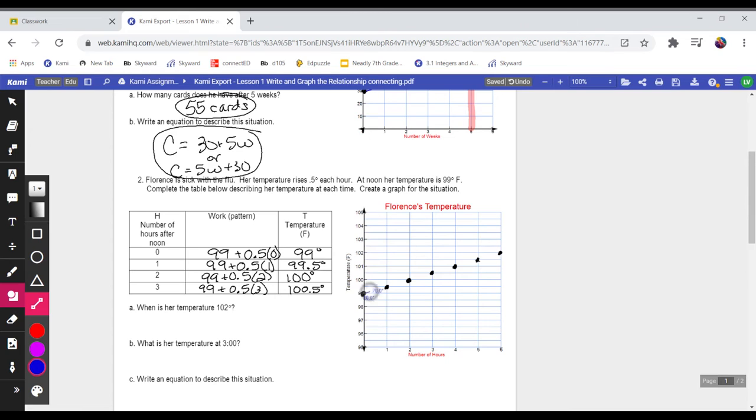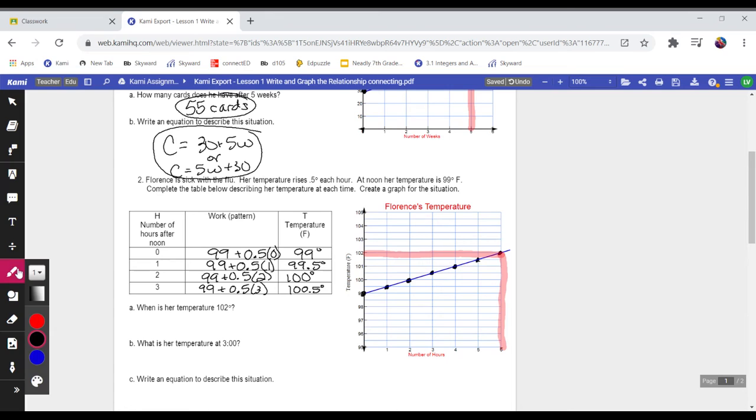Now I'm going to connect my lines. So when is her temperature 102 degrees? Well, 102 degrees is here. So it's this point. So that matches up with 6 hours. So that's 6 hours after noon. So that's going to be 6 p.m.